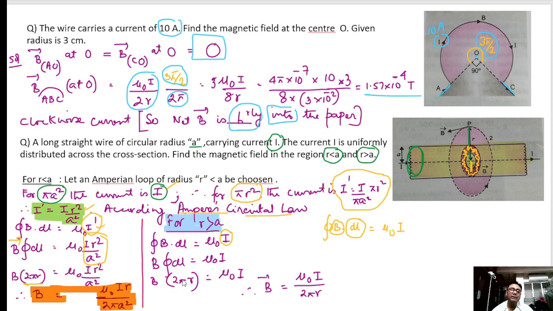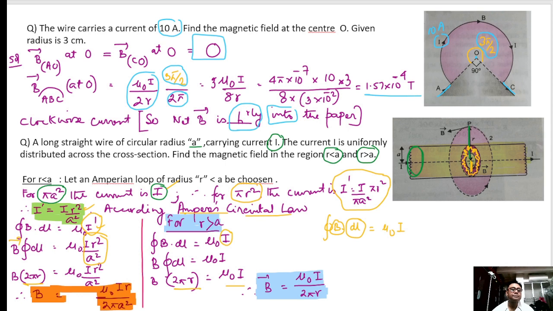So line integration of B dot dl, dl is 2 pi r, mu 0 I. So this is the magnetic field at a distance of r which is greater than the radius of the wire.